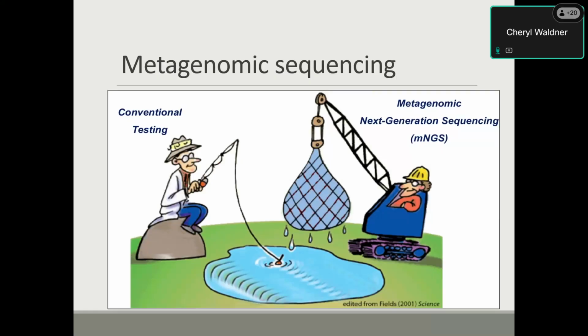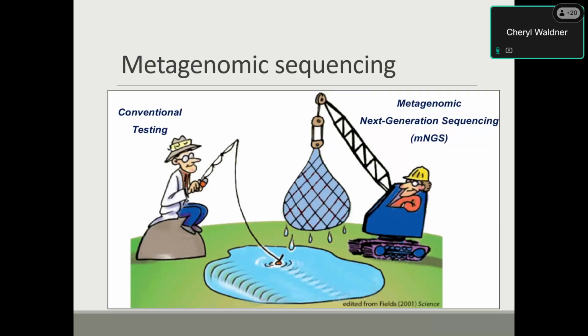So this particular cartoon was shamelessly stolen from Anatoly Trojimchuk, a good colleague of mine, and I really like it because I really think it tells a story here. With conventional testing, we've got a fishing line in the pond trying to figure out what's going on.